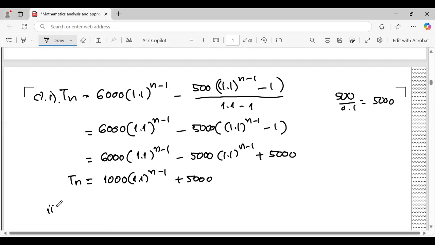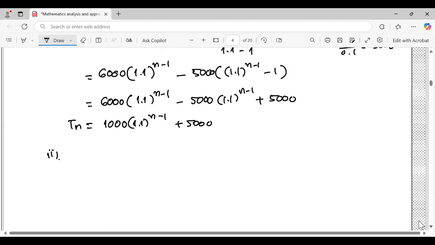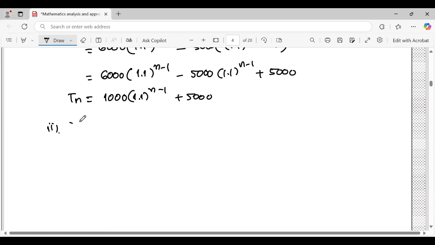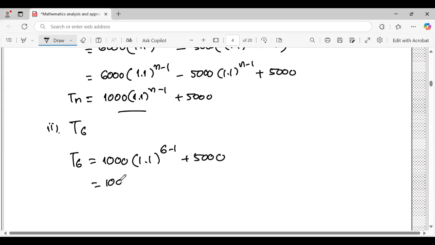And part 2, we are going to find T6 based on this formula. T6 equals 1,000 times 1.1 to the power 6 minus 1, plus 5,000, so 1,000 times 1.1 to the power 5, plus 5,000.